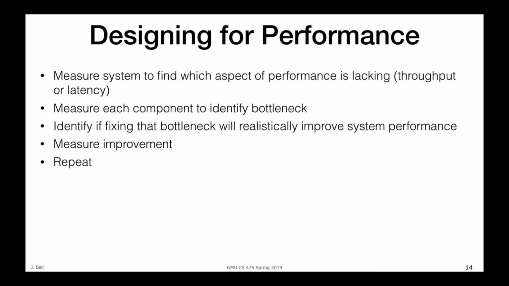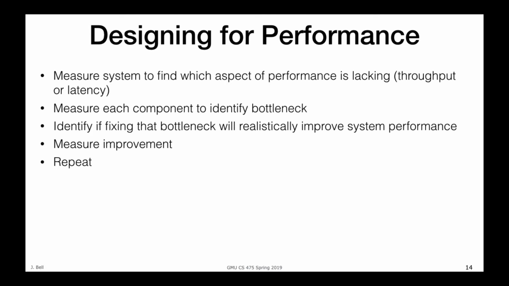So for our goal to design for performance, our high-level approach is to measure our system first to find which aspect of performance is lacking, be it throughput or latency. We measure each individual component to identify the bottleneck. Then we identify if fixing that bottleneck could actually realistically improve system performance.